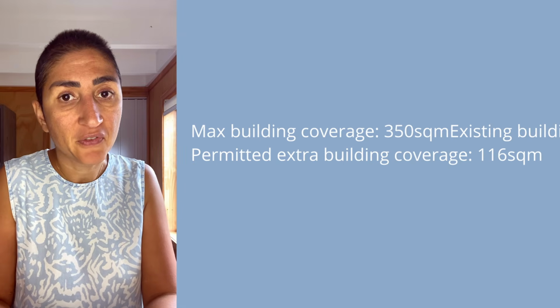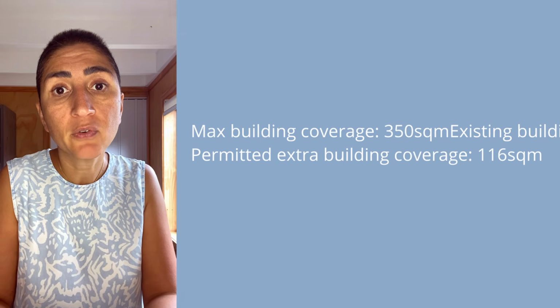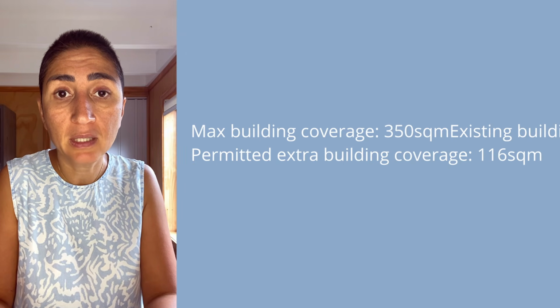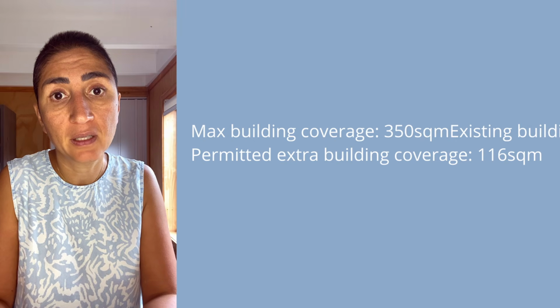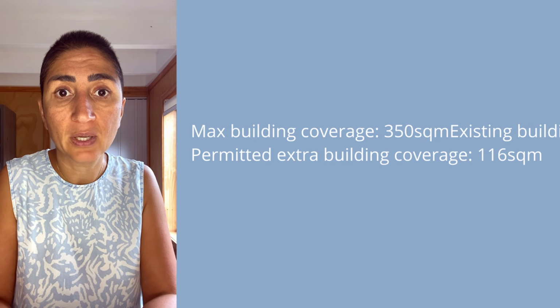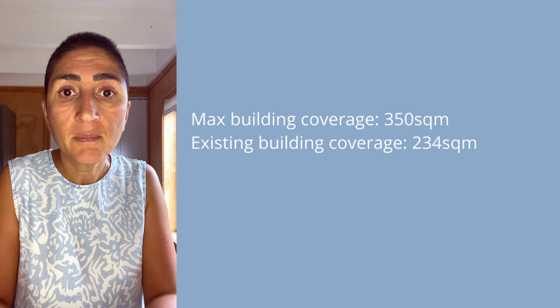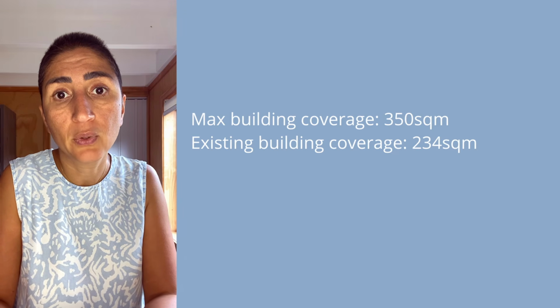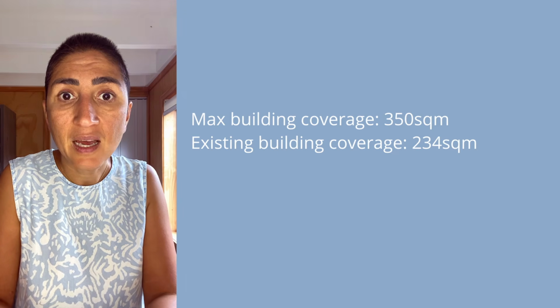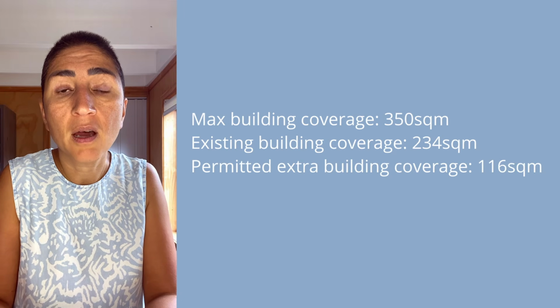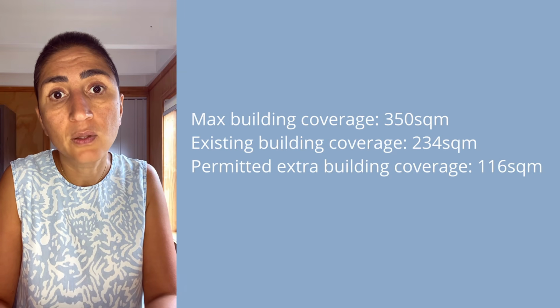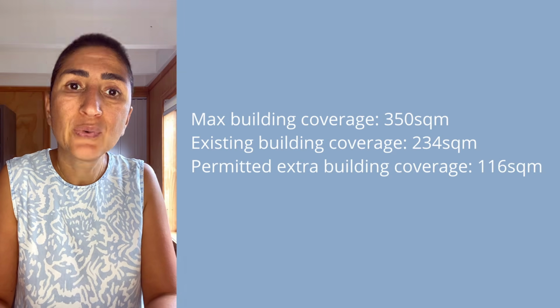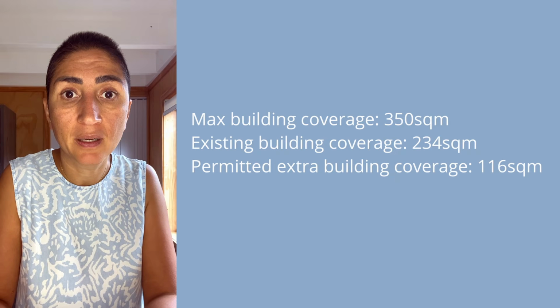Looking at rule number 1, building coverage, the maximum we are allowed to build on this site is 350 square meter, the 35%. Our existing building coverage is 234 or 23.4%. This means that we can actually add another 116 square meter before we reach the maximum building coverage.